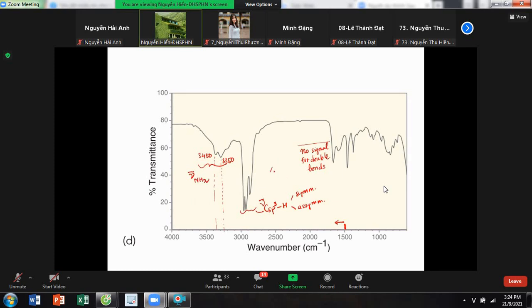So this is saturated primary amine. Yeah, it has two NH bonds, and these two NH bonds can stretch symmetrically or asymmetrically.